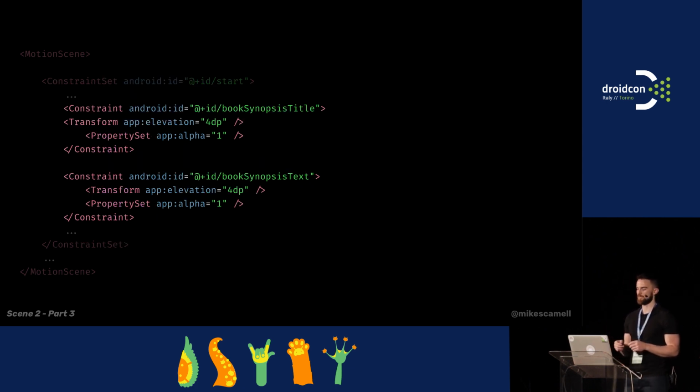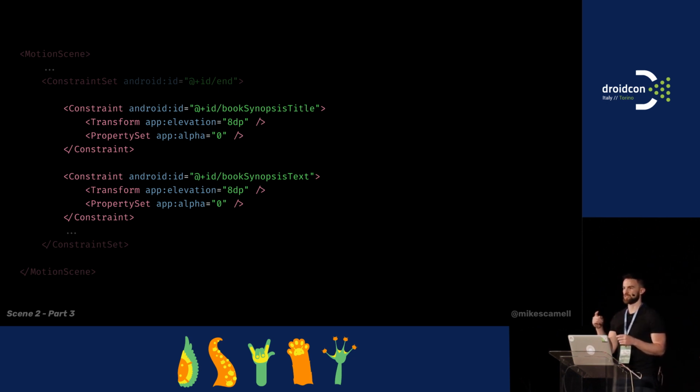In our start scene, we add the synopsis title and text, making sure we set the elevation. Otherwise, the text will disappear as the synopsis card's elevation increases. In the end scene, we set the elevation for the synopsis title and text to the same as the synopsis card, so we ensure we see the text fading.